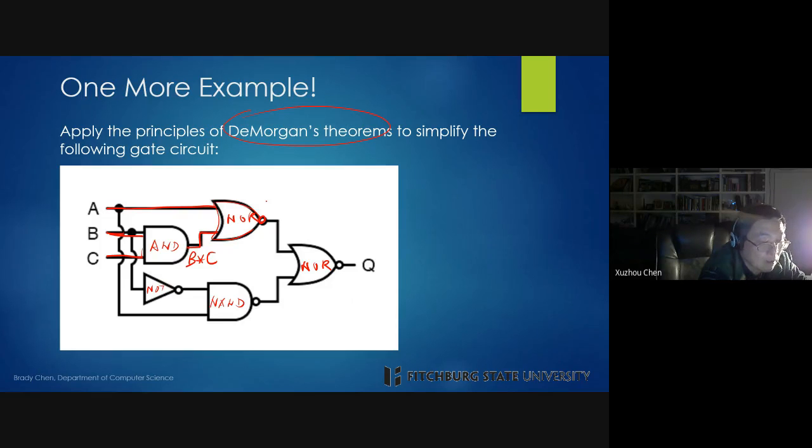Okay. So what is it? You can figure out what it is. So it's actually A plus B times C, not, right? Something like this. And you can do the same thing. So that input is actually B.